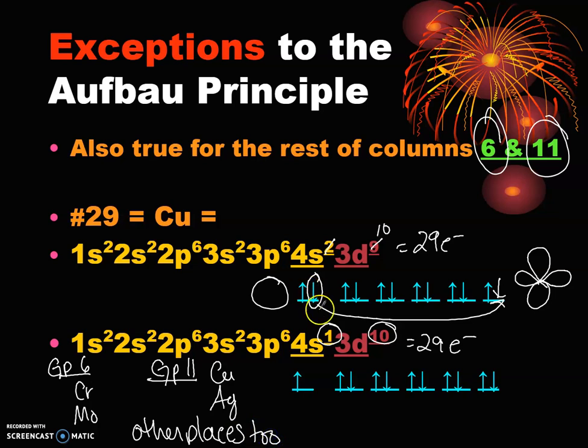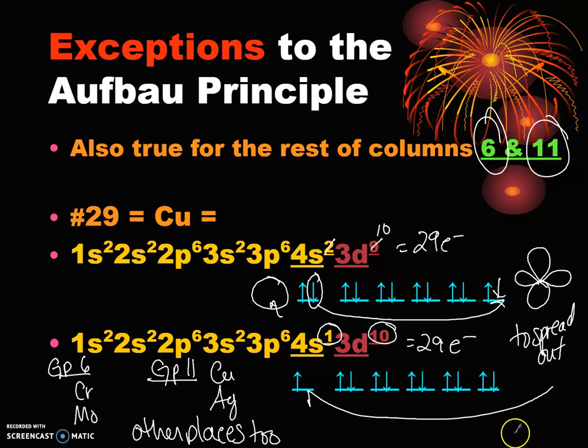And it occurs because it takes less energy to spread out than to force its way all filled into this 4s energy level. Okay, so if you ever see chromium, copper, molybdenum, silver, it happens here.